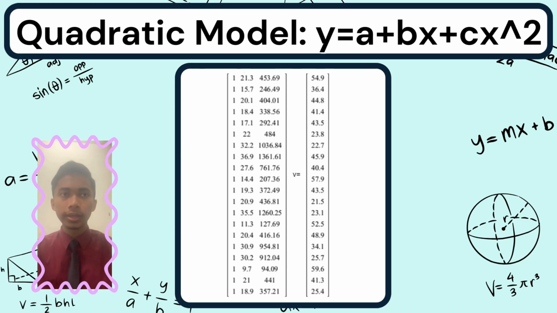For the quadratic model, the model would be in terms of y equals a plus bx plus cx squared. So the 20 by 3 matrix would be our a plus bx plus cx squared terms, and the 20 by 1 vector would be our y. The 20 by 3 matrix will be labeled as m.